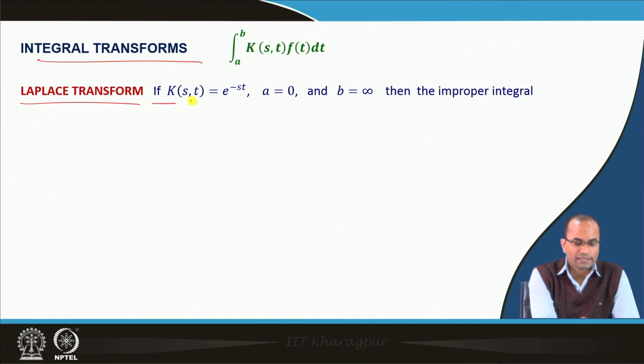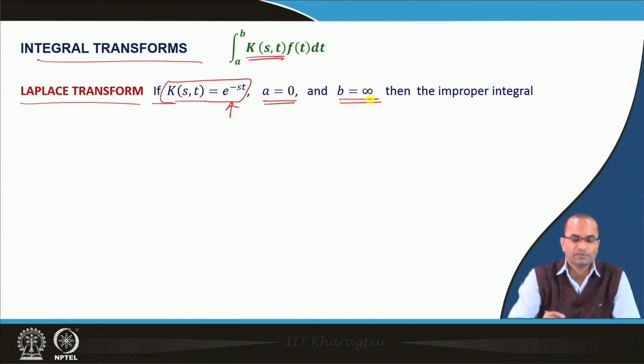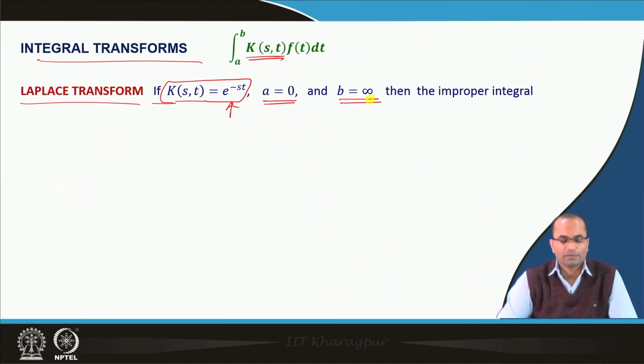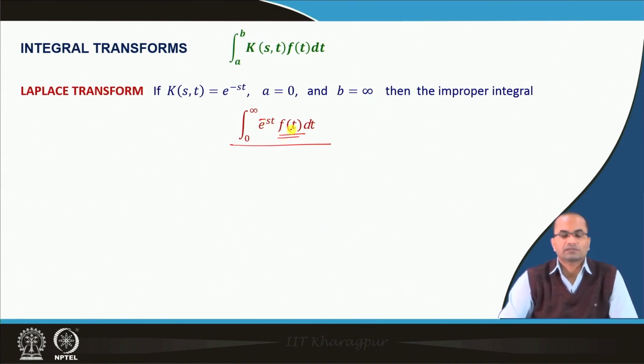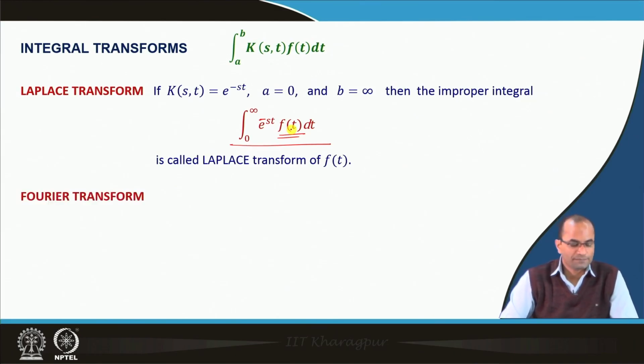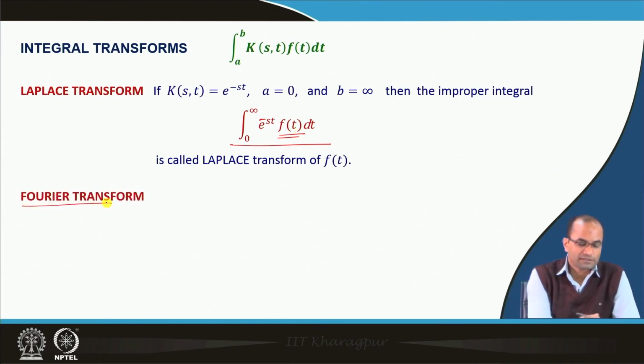If we take this kernel k of s, t as e power minus s t, and set a to 0 and b to infinity, then this improper integral, 0 to infinity of e power minus s t f t dt, is called the Laplace transform of f t. For the Fourier case, since we have already done this, we can relate now.